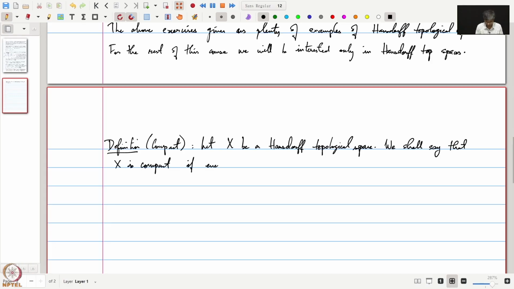Every open cover U_i, i in I, which means we are given a family of open sets U_i whose union is equal to X, has a finite subcover.